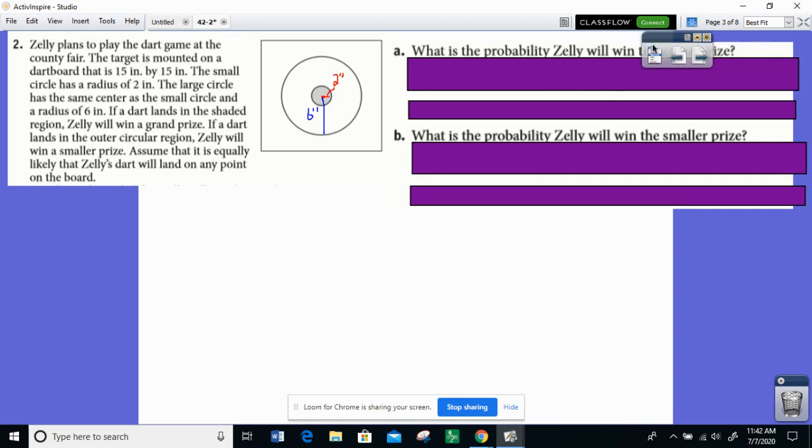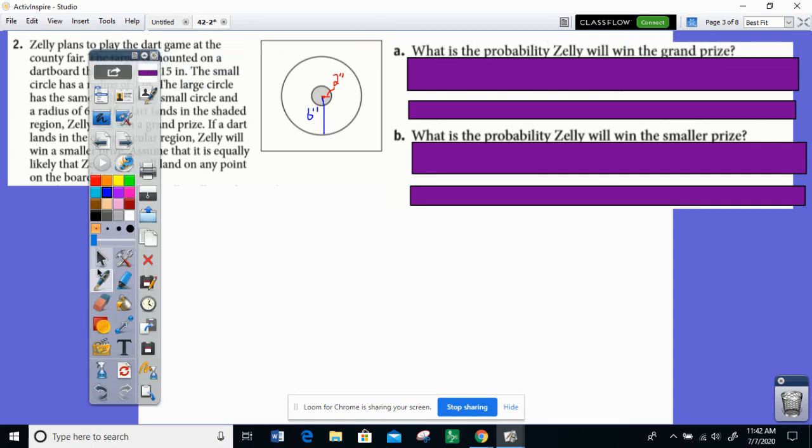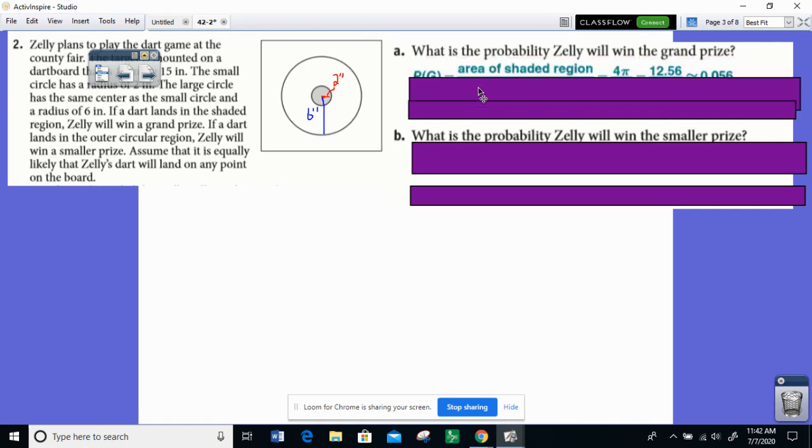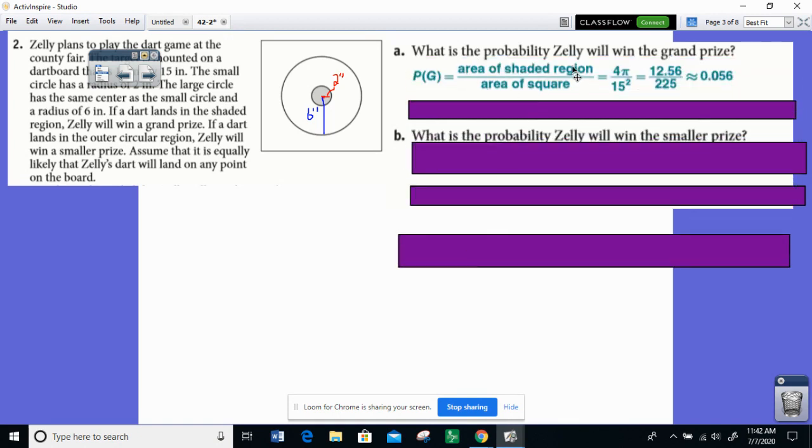So what is the probability that Zelly will win the grand prize? Well, the grand prize comes from landing in this shaded region. So that probability would be the area of the shaded region out of the total area of the square. It's just a part of a whole relationship.